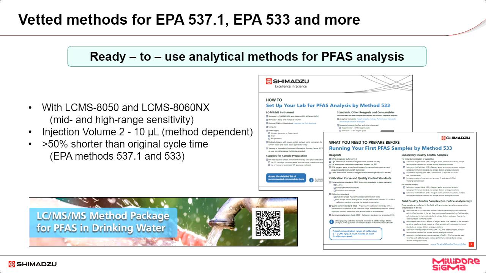And these solutions we created will enable you to start running your initial demonstration of capabilities as soon as you have the instrument installed in the lab. We've pre-optimized everything for you just to start running your samples.